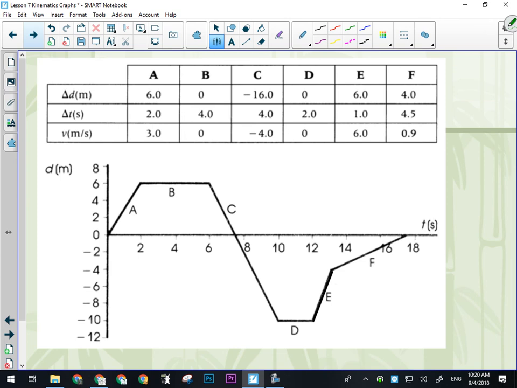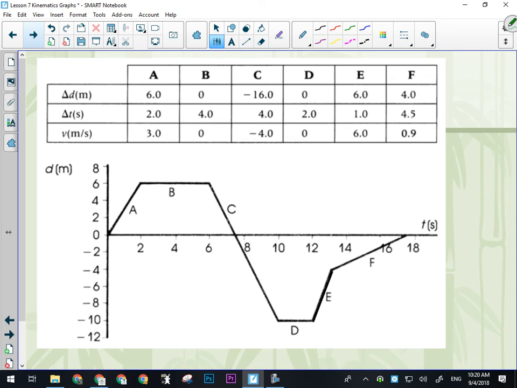All right. So, case in point here. I give you this graph and I ask a few things. Maybe one of the things I ask is, what is happening in part A of the graph? Dominic, what's happening in part A of the graph? The object is moving at a constant velocity. Positive or negative? Positive, okay? Again, if we say velocity, we need to indicate either forward or backward or positive or negative.